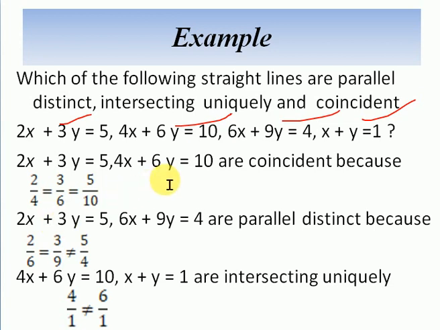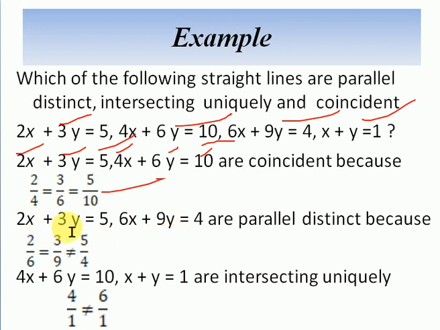So first of all, take the first two straight lines, 2x plus 3y equals 5 and 4x plus 6y equals 10. We can see these two are coincident because 2 upon 4, 3 upon 6, 5 upon 10 - these ratios are the same, so these two straight lines are coincident.